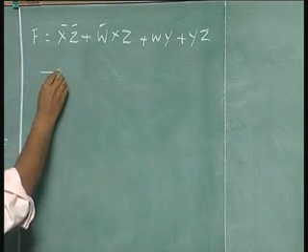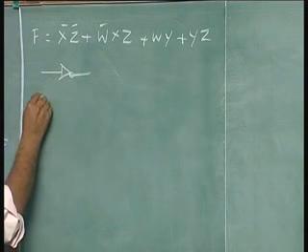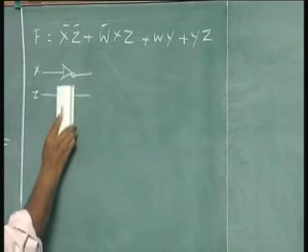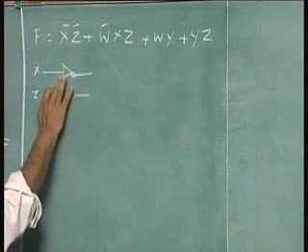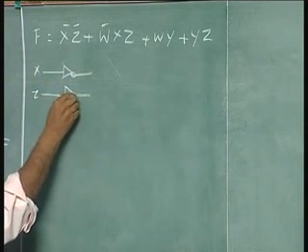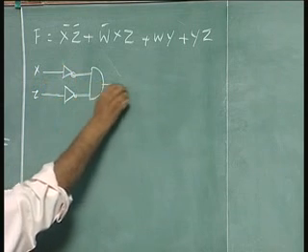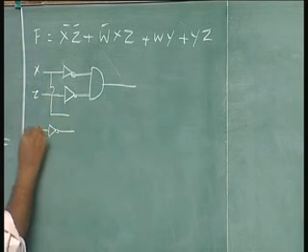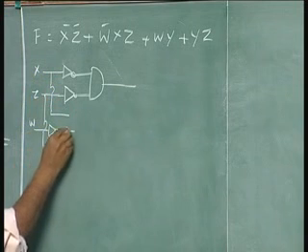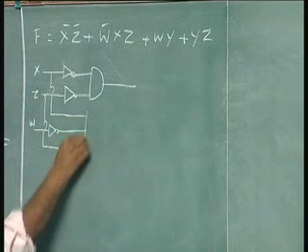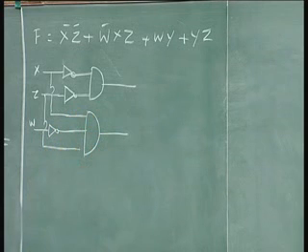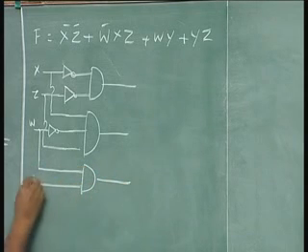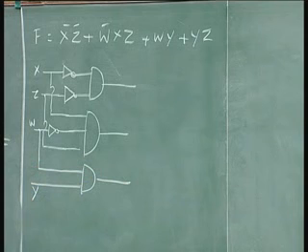So we have X, Z, X again, W, Z, the second term, the third term is WY, and the fourth term is YZ.